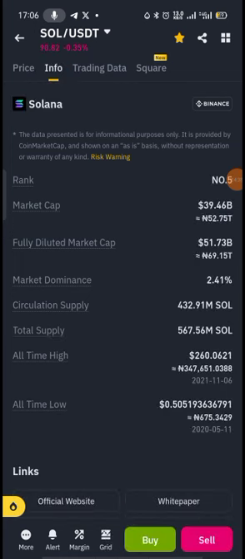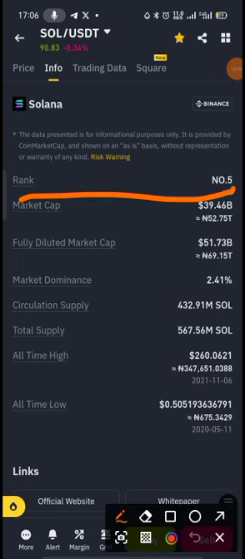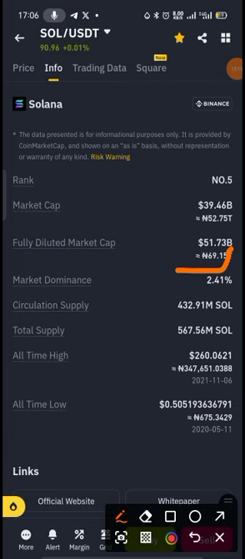Now under this info here, if you go there, it tells you about the coin, the name of the coin, Solana, and the rank on CoinMarketCap. In cryptocurrencies, what rank is Solana? They say it's ranked number 5 in the entire market cap. The market cap of Solana is $39.4 billion. That is the money in the market in Solana right now. We have the fully diluted market dominance 2.4.